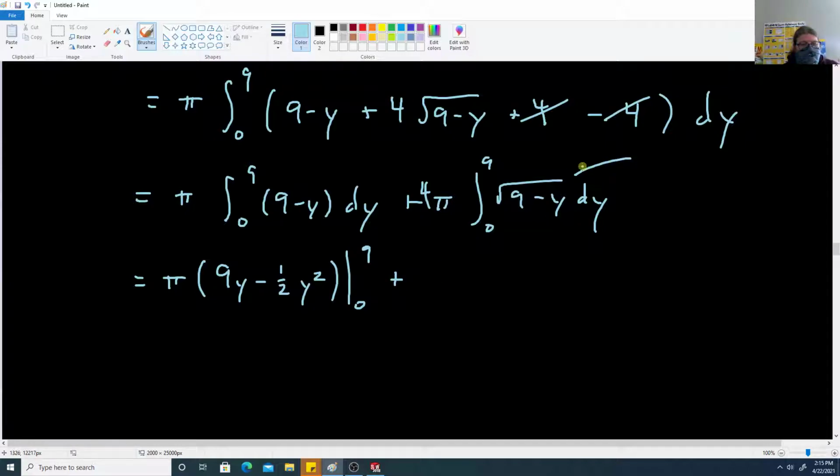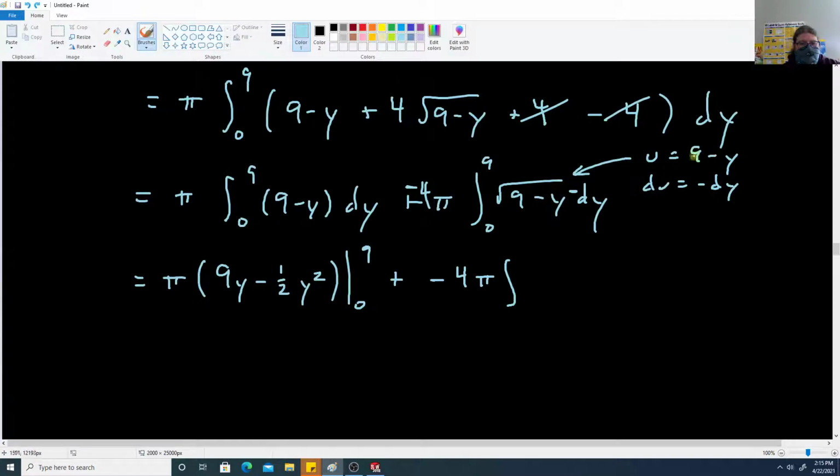Plus, for this one here, we're going to use u equals 9 minus y. Then du would be negative dy. We have the dy. I'm going to make this negative, which means I have to put a negative out front there. So we will have negative 4 pi integral of, if I put 0 in for y, 9 minus 0 is, oops, hang on a second, I did that backwards.